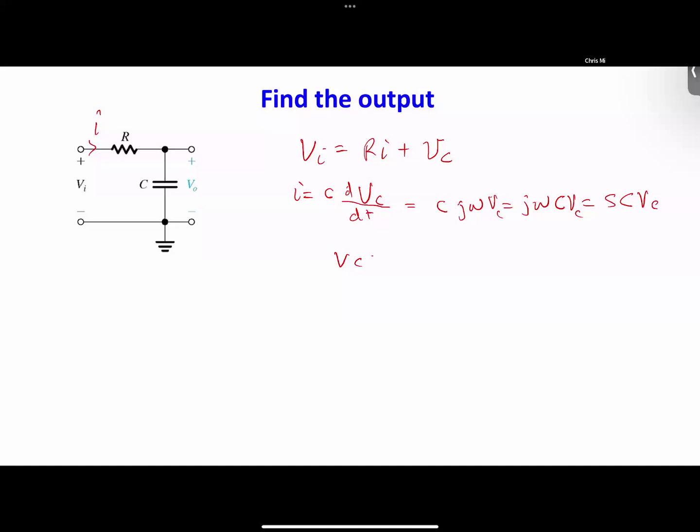Which means VC is equal to 1 over sC times I.